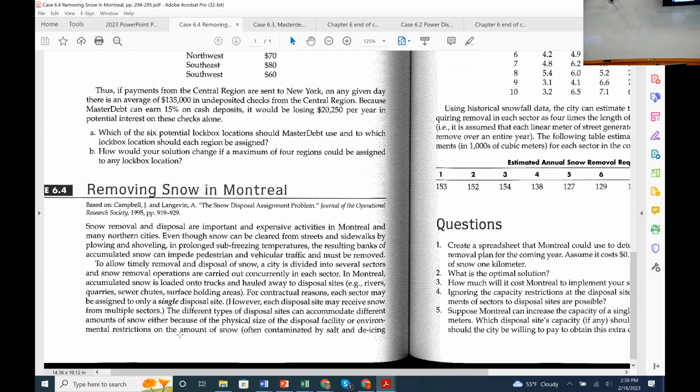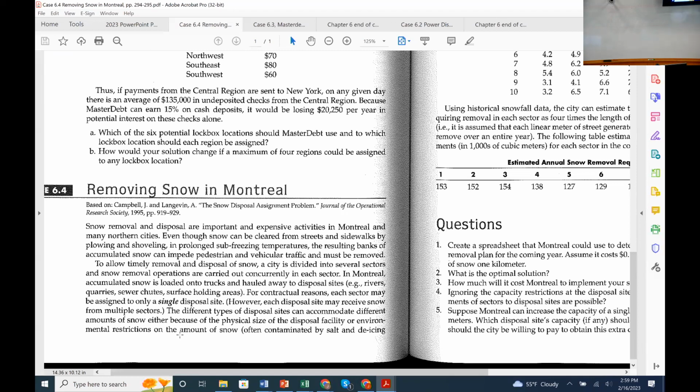So the concept here is the snow is dirty. It falls on the street, it absorbs some of the oil and the gas and the rubber that's sitting on the street. You scoop it up, and or it has been treated with salt. And so this is not just clean frozen water. And a lot of the disposal sites are not like a surface parking lot.